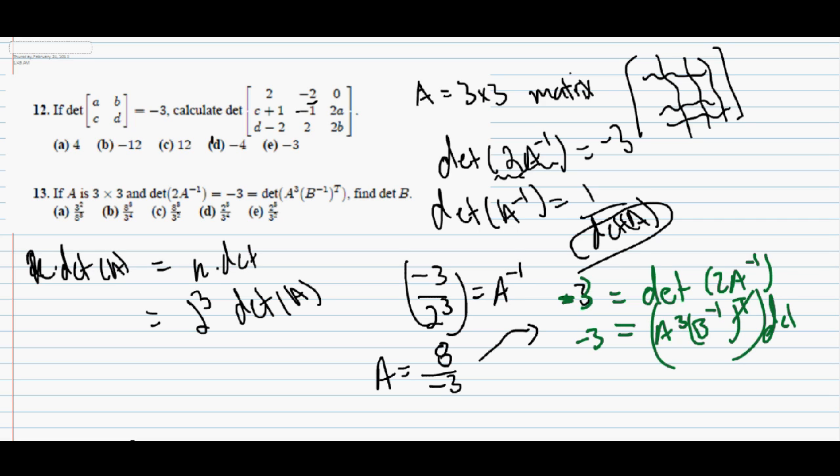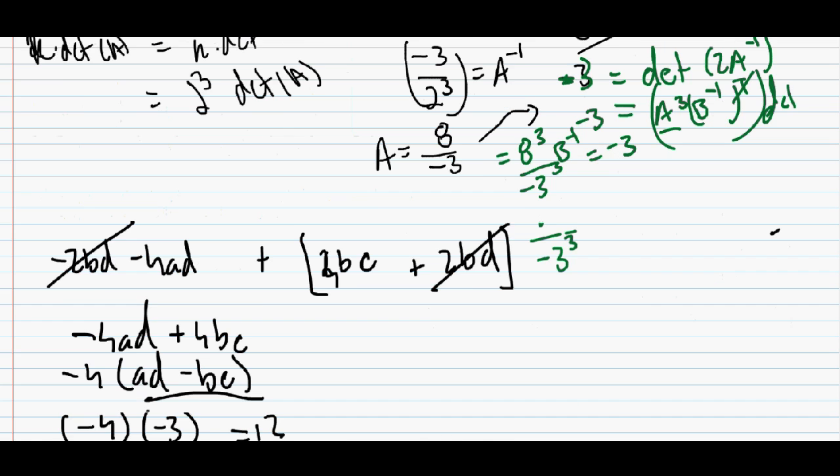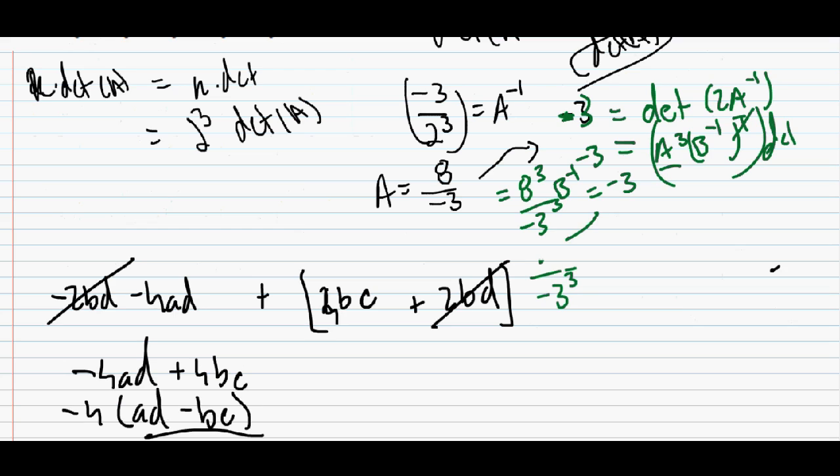Now this is A, and this is A cubed. That means 8 cubed over -3 cubed is equal to -3 times B inverse. I'm going to bring this over, and we should get 3 to the power of 4 over 8 cubed is equal to B inverse.